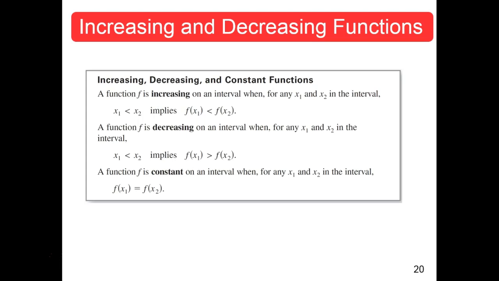Here's how they do it in words. I like seeing it on a graph better, but this is what we mean in the words. A function is increasing on some interval when, for any x1 and x2 in that interval, if x1 is less than x2, that implies that f of x1 also is less than f of x2, because as you go from left to right, the function is going up.